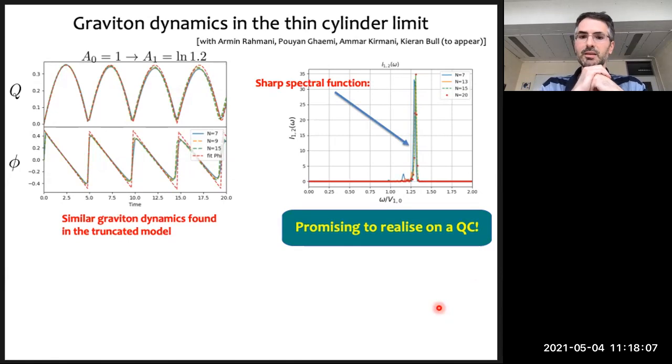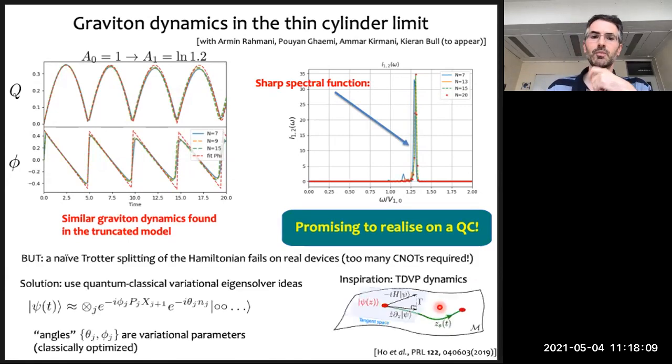The reason is that if you naively try to trotterize your Hamiltonian to implement the evolution operator, you require a lot of entangling gates, and these gates leave much to be desired at this point in technological development. So you can't implement this type of dynamics just by simple trotterization of this Hamiltonian on a quantum computer.